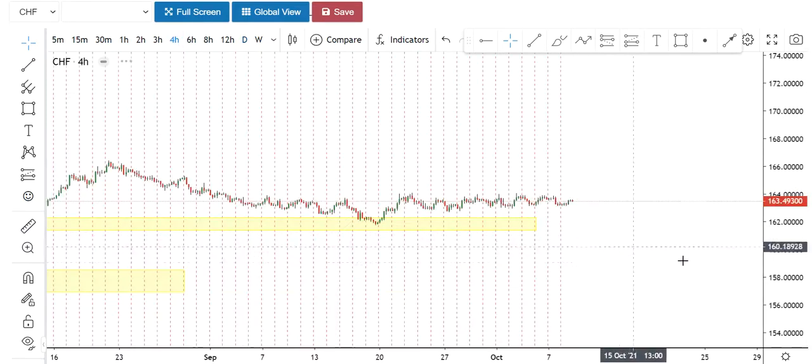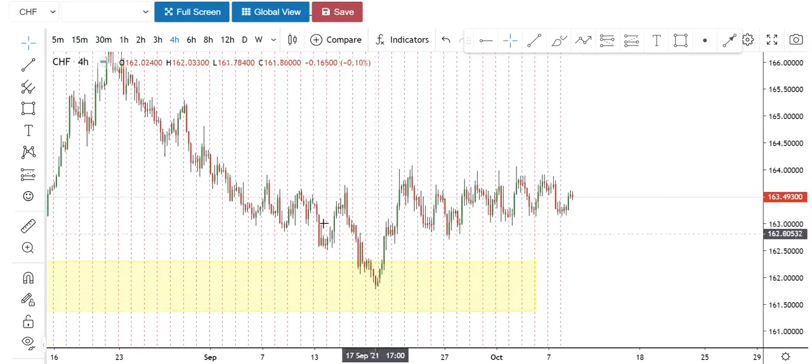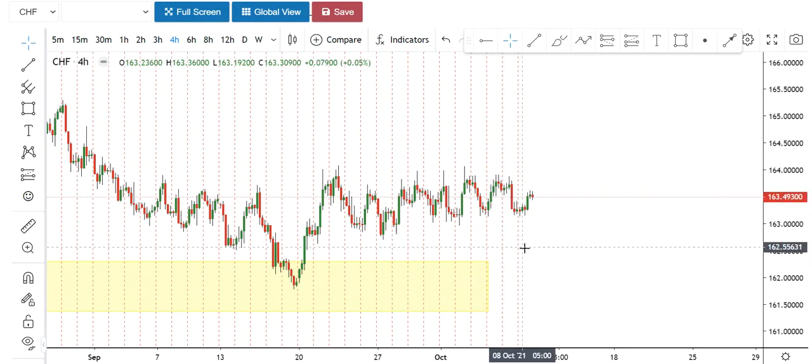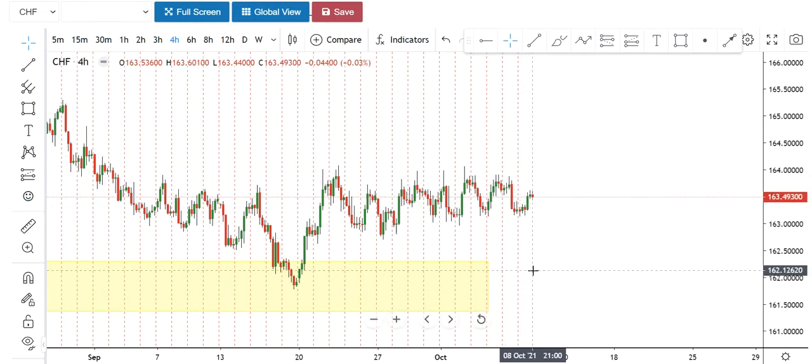Now, if we go to the 4 hour, you will notice that price broke structure by this point, and that means that we are changing from a bearish market to a bullish market. So we can expect further movement to the upside. How the movement to the upside will come, I may not be able to tell you because I don't own the market, but we expect a little bit of retracement.